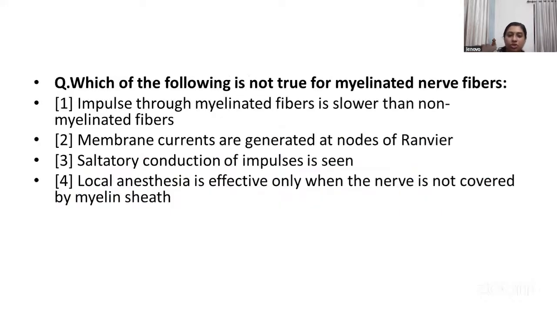Next, which of the following is not true for the myelinated nerve fibers? The options are: impulse through the myelinated fibers is slower than non-myelinated fibers; membrane currents are generated at the nodes of Ranvier; saltatory conduction of impulses is seen; local anesthesia is effective only when the nerve is not covered by the myelin sheath.